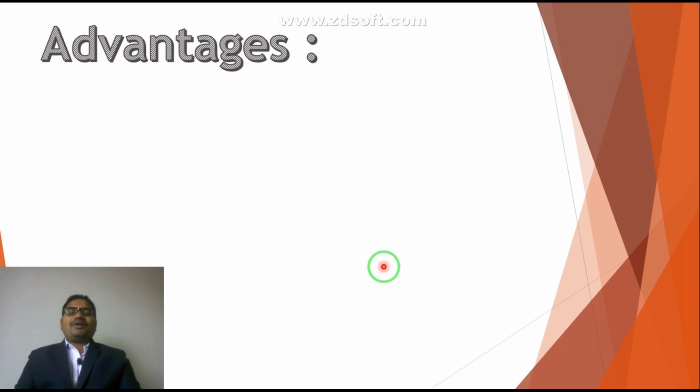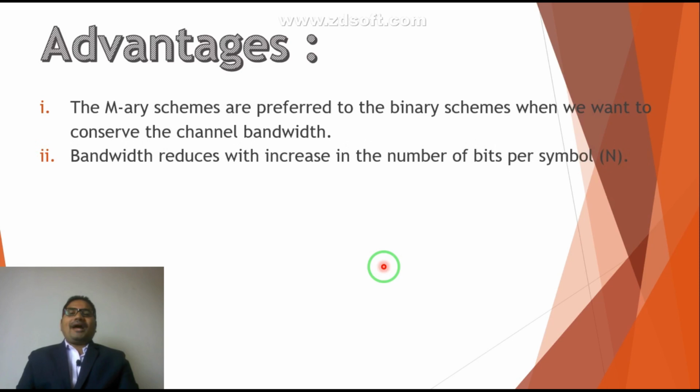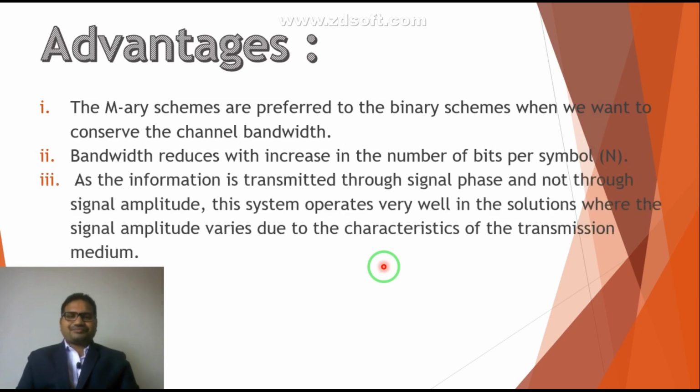Now moving towards the advantages of M-ary PSK. So M-ary schemes are preferred to the binary schemes when we want to conserve channel bandwidth, as we just saw now. So bandwidth reduces with increase in the number of bits per symbol.